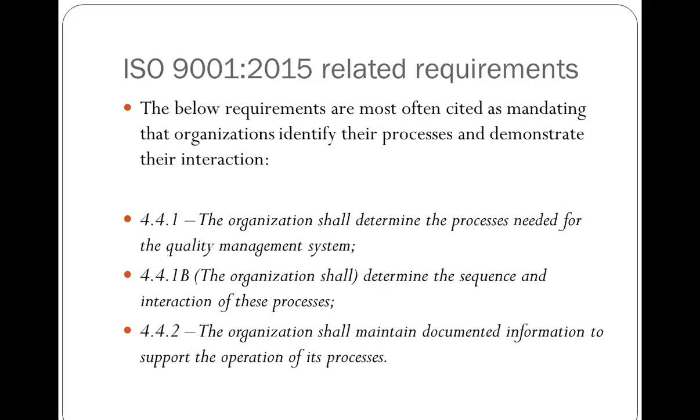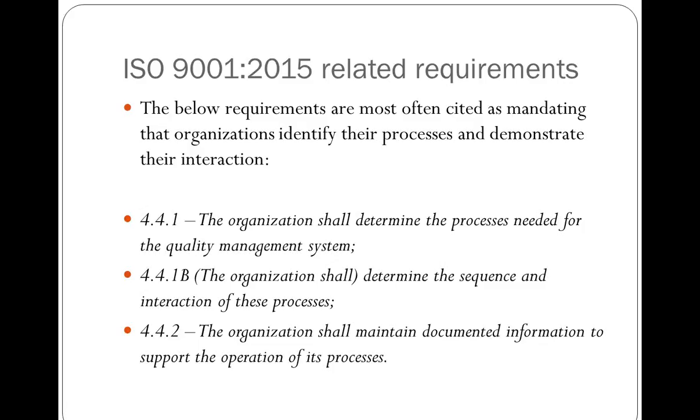Now, if we shift our focus to ISO 9001:2015, the first two requirements are virtually the same. All of these requirements are rooted in section 4.4. 4.4.1 says that the organization shall determine processes needed for the quality management system. In subclause b, it says you will determine the sequence and interaction of those processes.